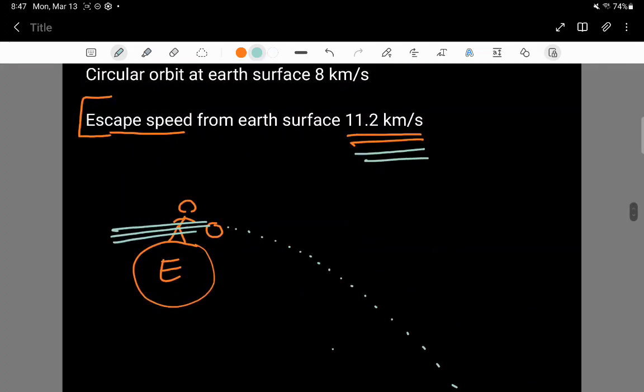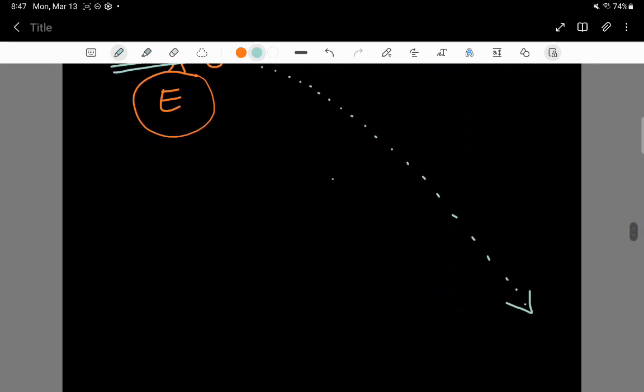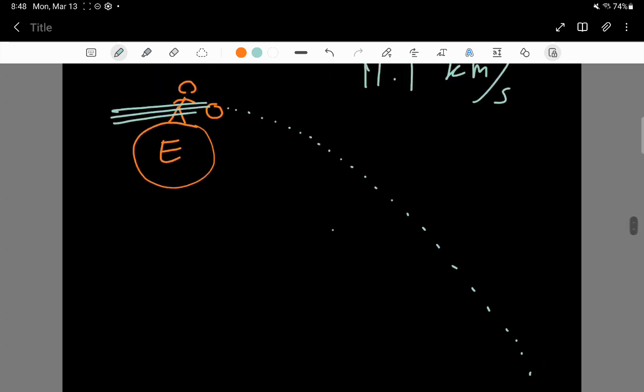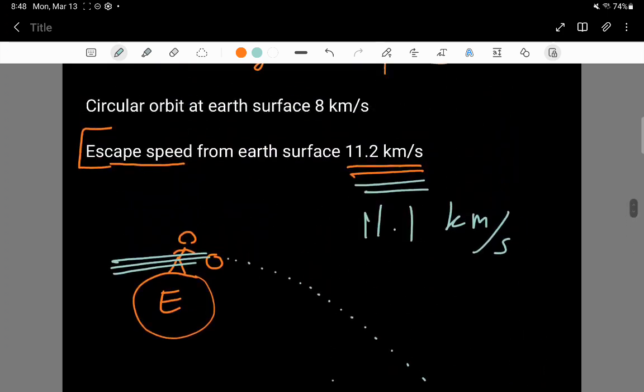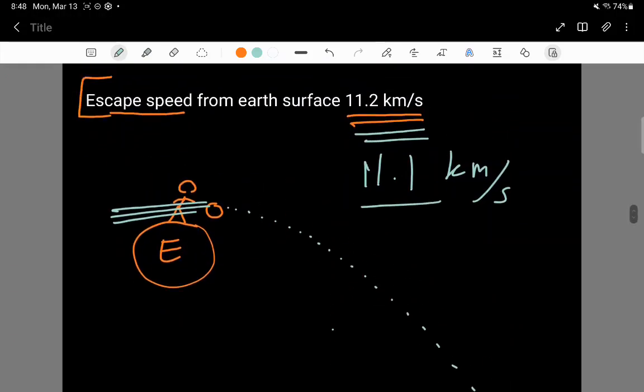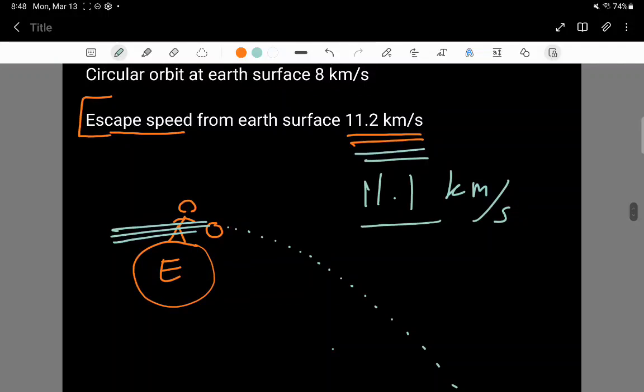If you go any slower than this, 11.1 kilometers per second, it's not going to go away and stay away. Finally, somewhere really far away, it's going to turn around and come back. That's what's referred to as the escape speed. So 11.1 doesn't do it, but 11.2 does it.